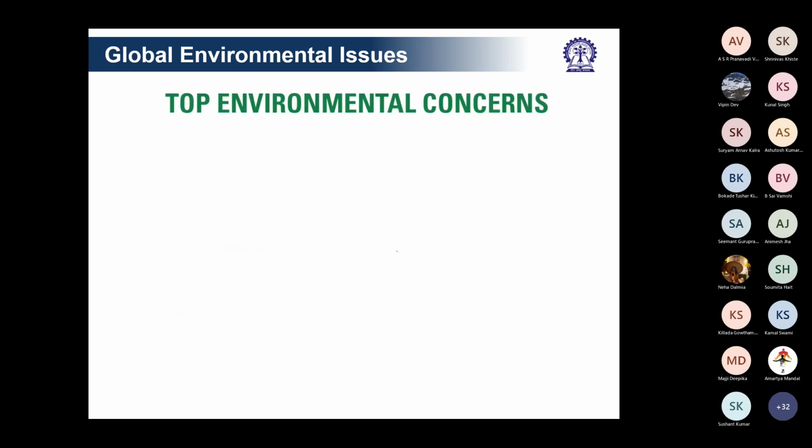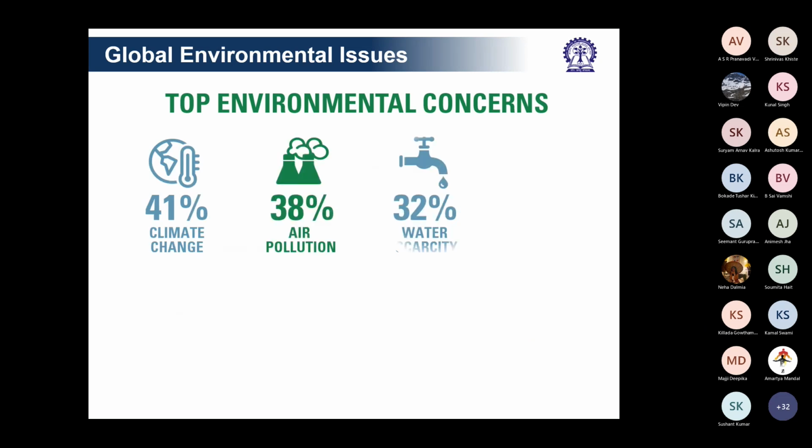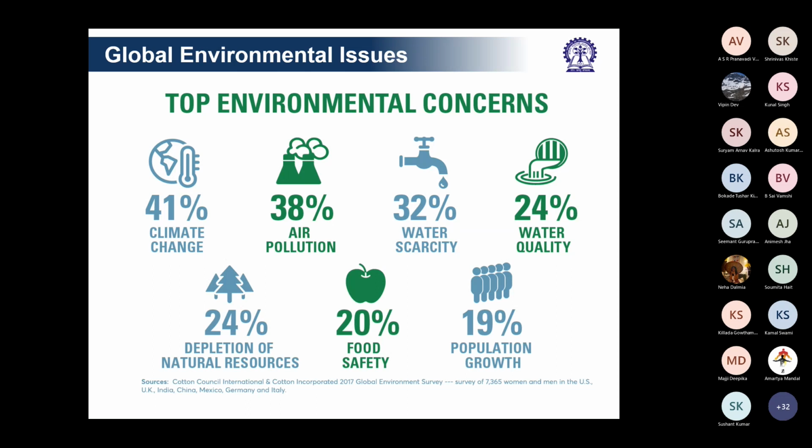According to this survey, the top environmental concerns were climate change, air pollution, water scarcity, and water quality. These four were identified as the topmost environmental concerns, and to a certain extent, depletion of natural resources, food safety, and population growth were also identified as other major environmental issues.